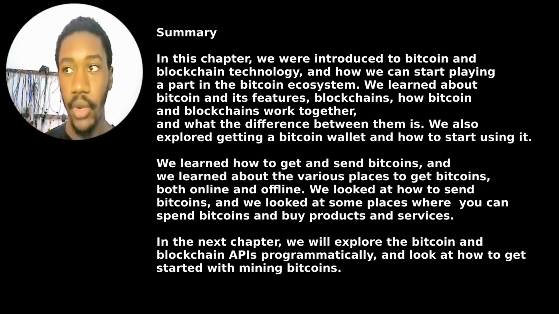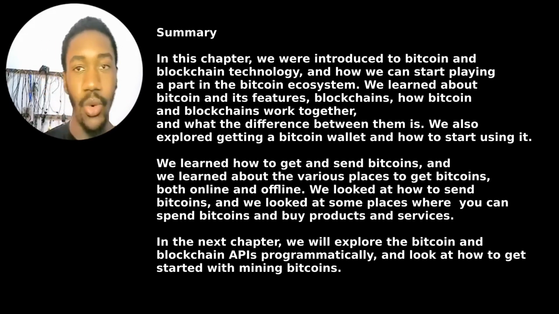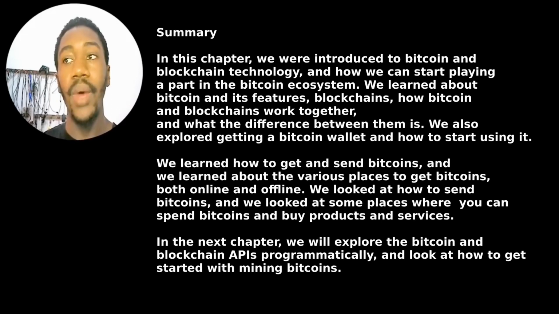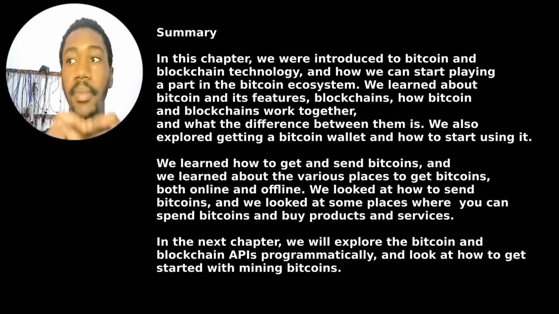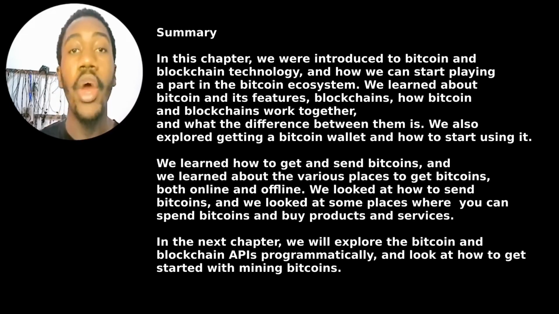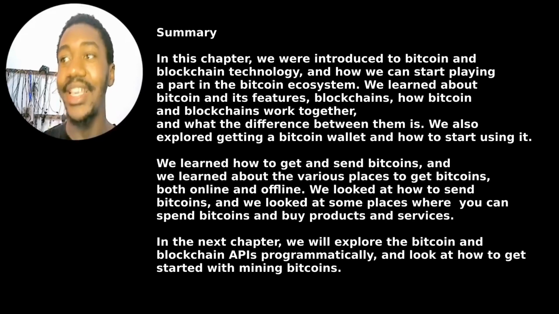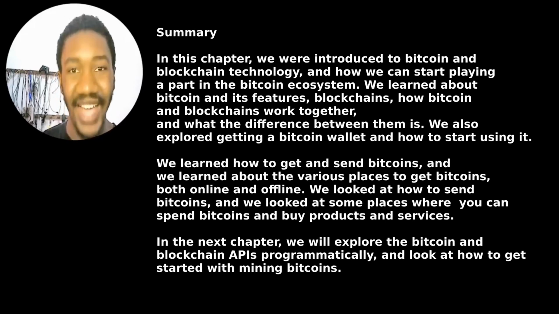Summary: in this chapter we were introduced to Bitcoin and blockchain technology and how we can start playing a part in the Bitcoin ecosystem. We learned about Bitcoin and its features, blockchain, how Bitcoin and blockchain work together, and what the difference between them is. We also explored getting a Bitcoin wallet and how to start using it.